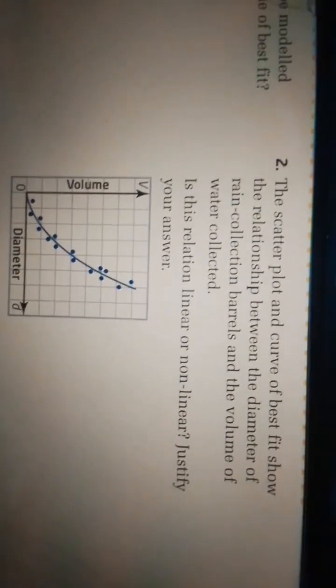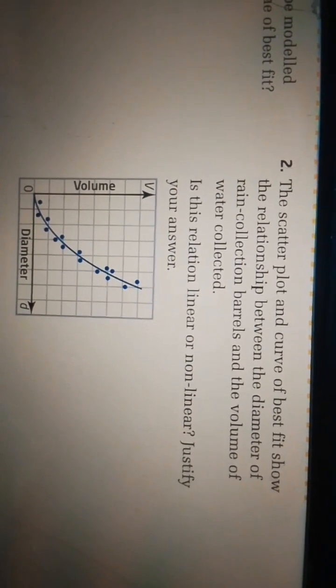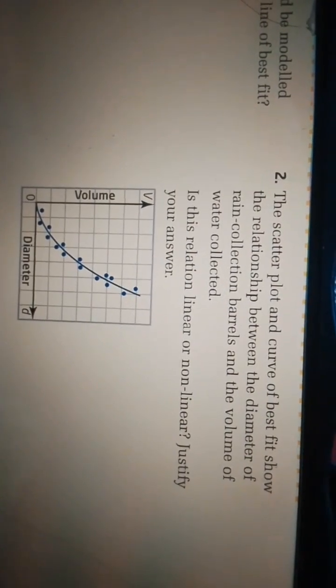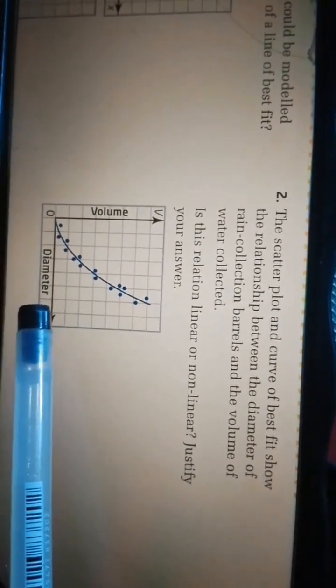Now we have number 2. The scatter plot and curve of best fit show a relationship between the diameter of rain collection barrels and the volume of water collected. Is this relation linear or nonlinear? Justify your answer. We have diameter as our independent variable and volume as the dependent variable.